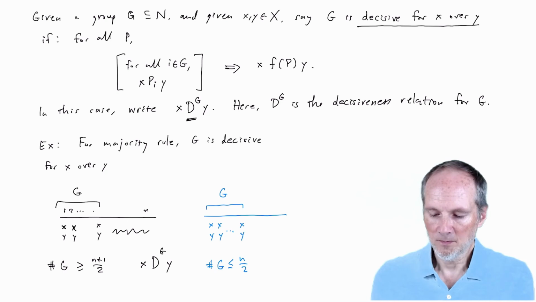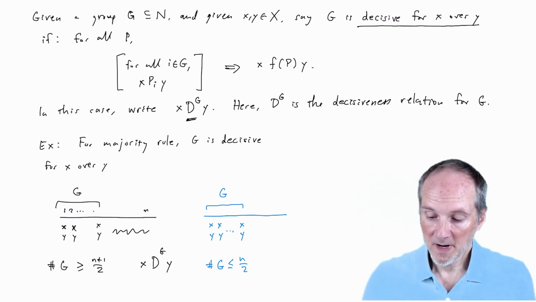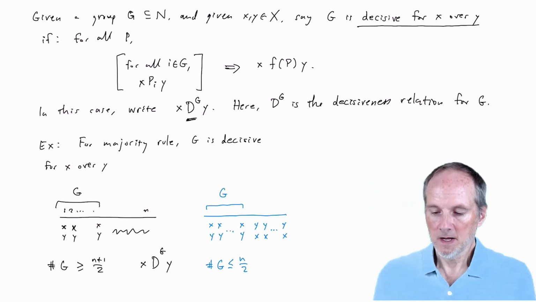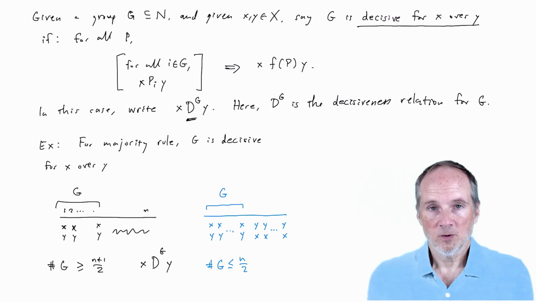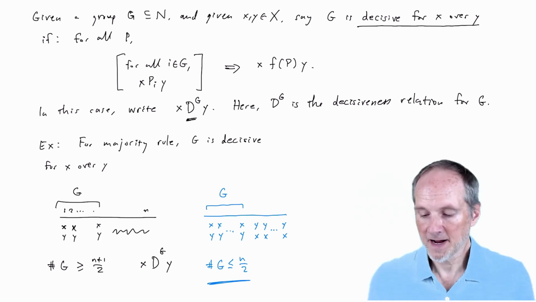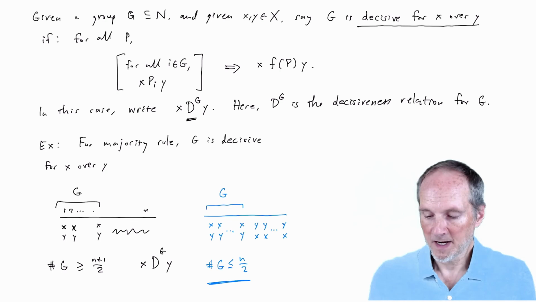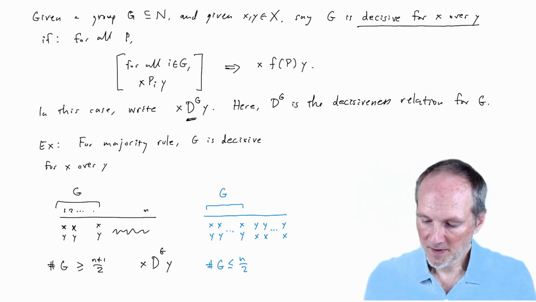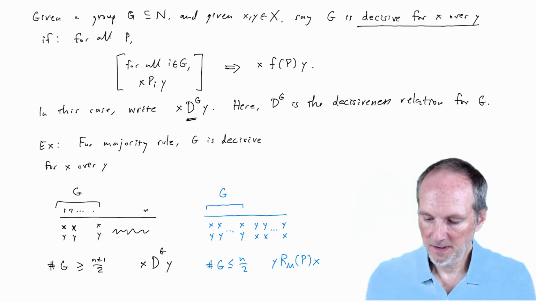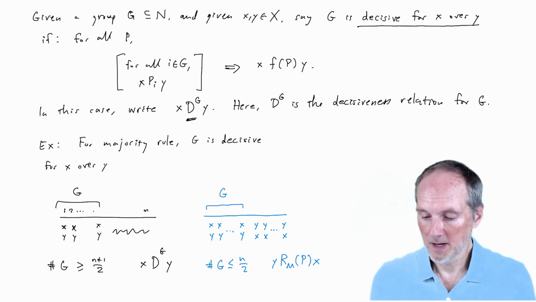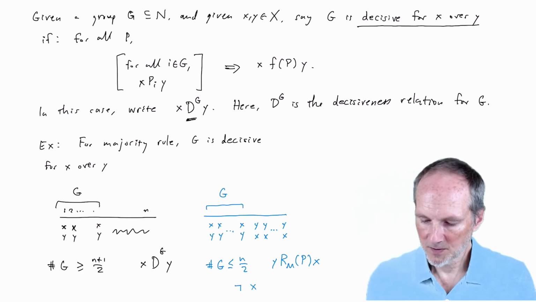Because I could pick a profile where everyone in G prefers X to Y, but everyone outside G prefers Y to X. Remember, for majority rule, X beats Y if there are more people who prefer X than prefer Y. But if G is not a majority, if it's less than or equal to half of all the individuals, for this profile, it is not true that the number of people who prefer X is bigger than the number of people who prefer Y. In fact, for this profile, we would have Y being weakly socially preferred to X. X would not beat Y. And that means that it is not the case that this group is decisive for X over Y.